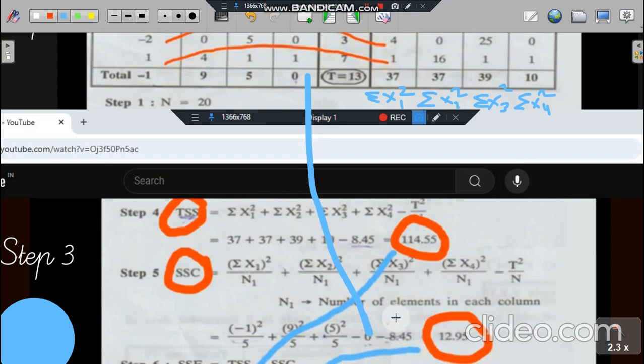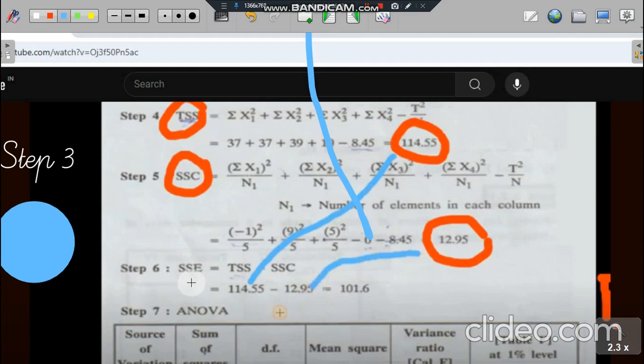T square by n is what? 114.55. If you calculate that, you will get this one. So this is the way we can calculate SSC. Now, TSS we already have here.